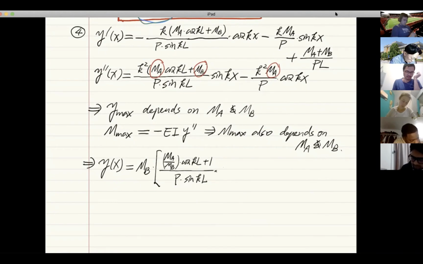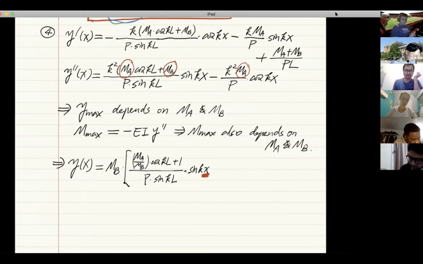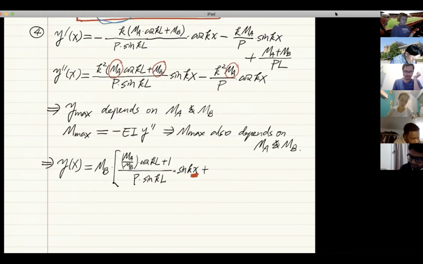And this times sine KX. And please be careful that X is not L. We don't know X, but L we know is a constant. And then this plus MA over MB, which is a ratio, divided by P, times cosine KX. Again, X is unknown.